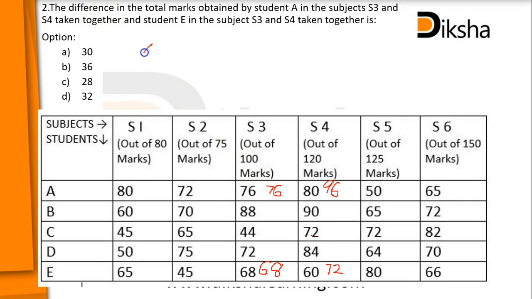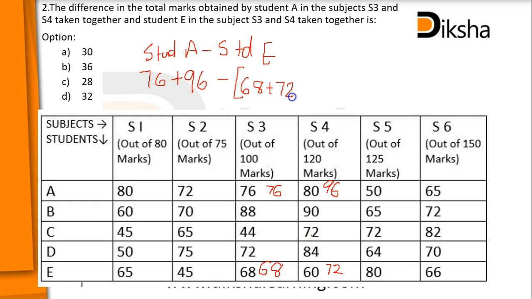They have asked the difference in marks, that is student A's mark minus student E's mark. For student A we know 76 plus 96, and for student E we have minus 68 plus 72, which gives 172 minus 140. So the answer will be 32.